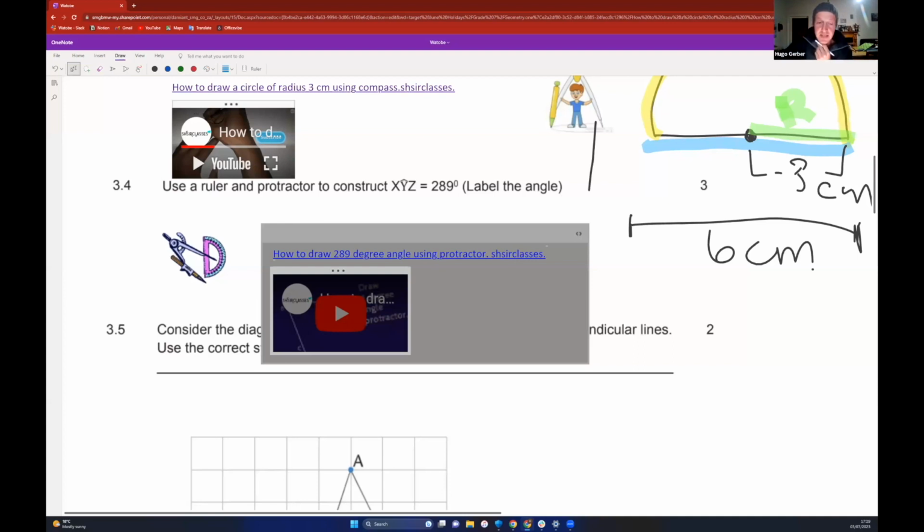Let's have in the chat. I've done this. I need you to be doing this. Calculate for me the difference between 360 and 289.